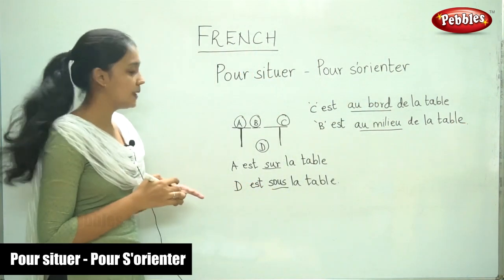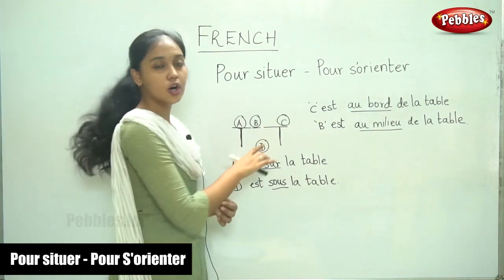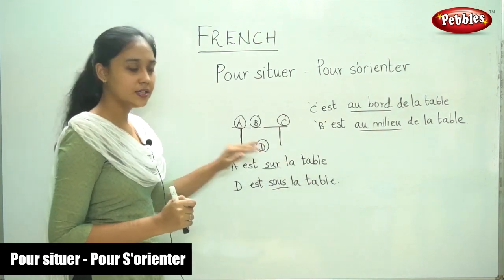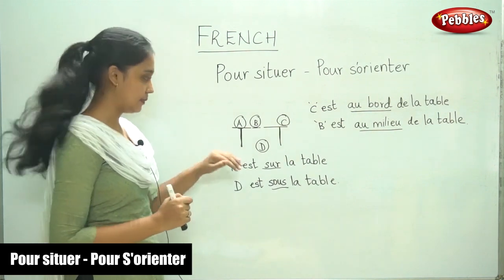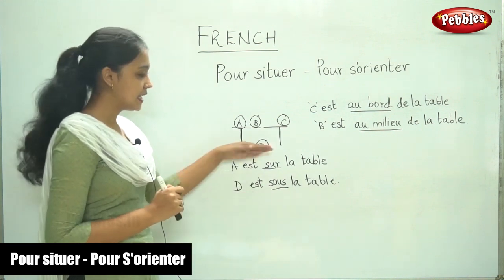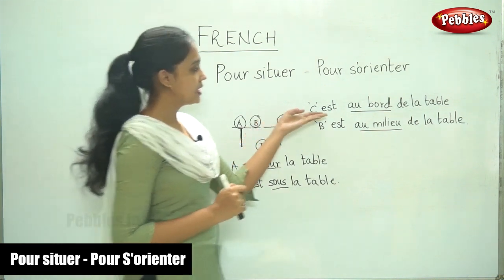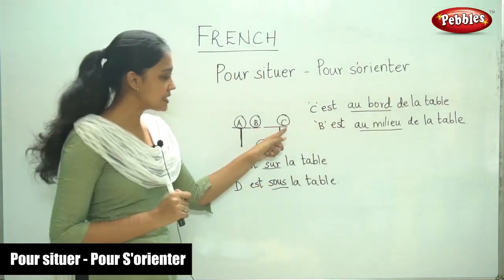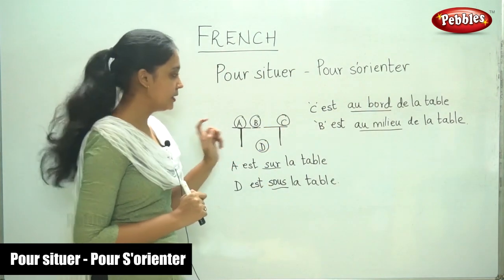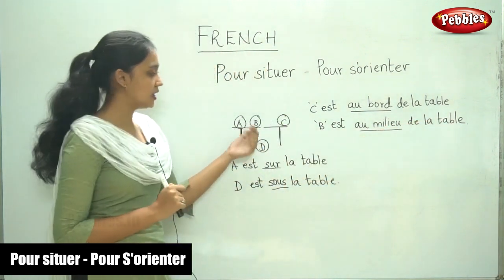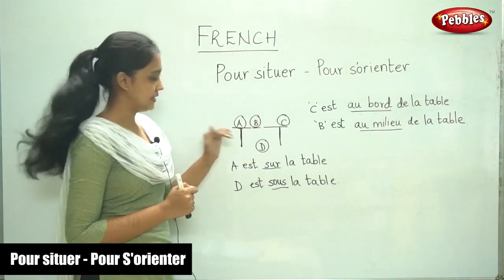So now we have explained the orientation of all the four objects. A is sur la table, A is on the table, D est sous la table, D is under the table, C est au bord de la table, C is at the edge of the table, B est au milieu de la table, B is in the middle of the table.